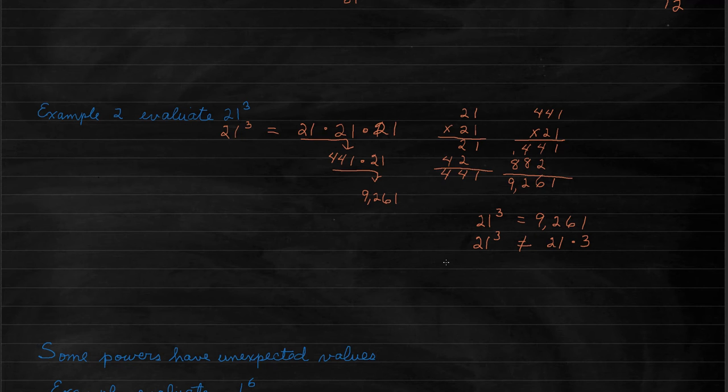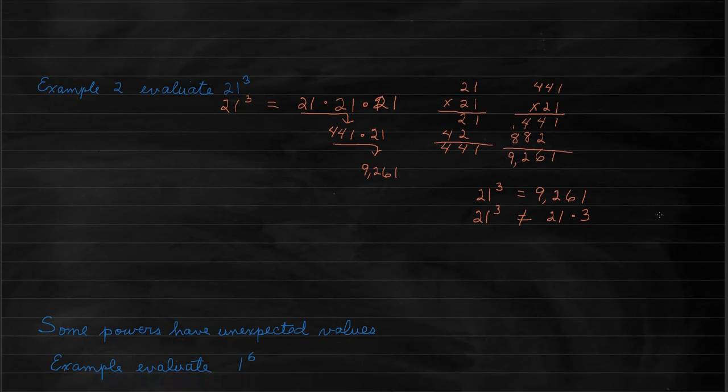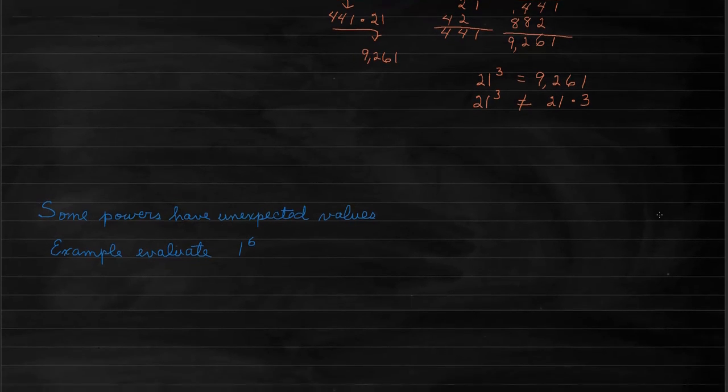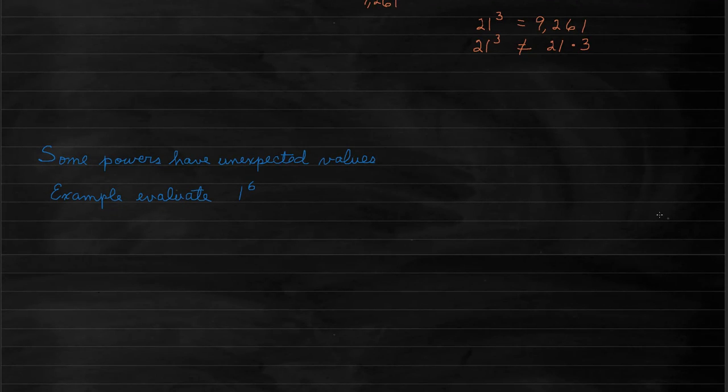Okay, now let's look at some powers that have somewhat unexpected values. So let's try to evaluate 1 to the 6th power. Again, I write the exponential, this is the exponential form, and now I show it in expanded form.